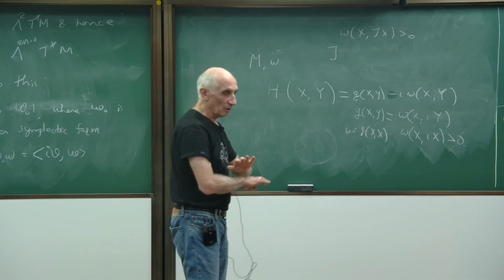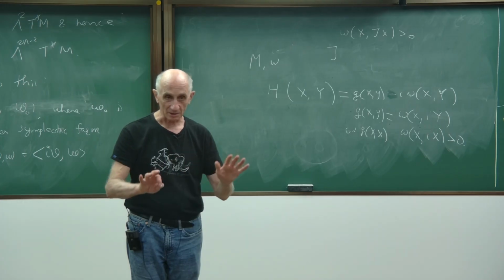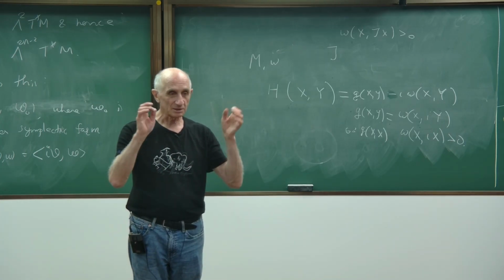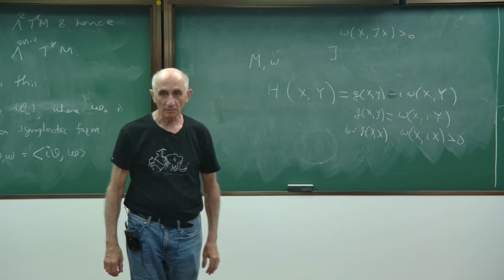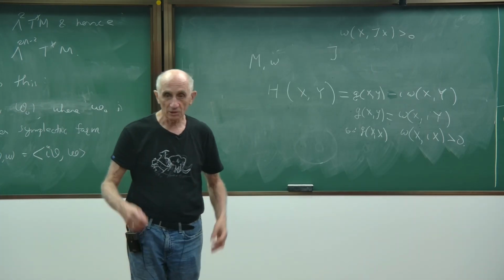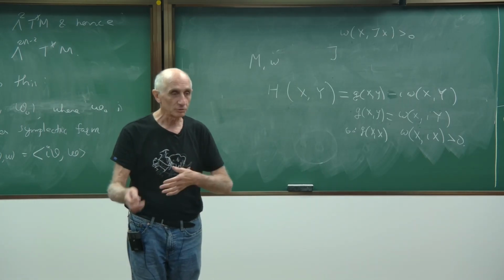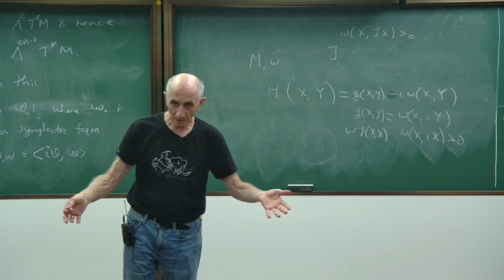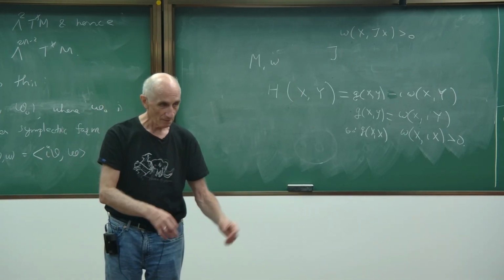Now forget for a second about anything symplectic. Suppose you're just interested in complex geometry and you would like to develop complex geometry, but in a not necessarily integrable setup. We know that when you talk about complex manifolds, you can talk about holomorphic maps of one manifold to another.